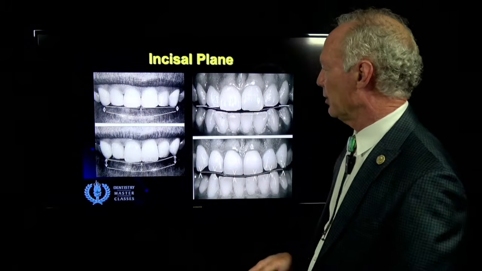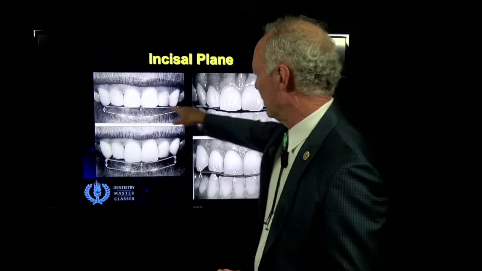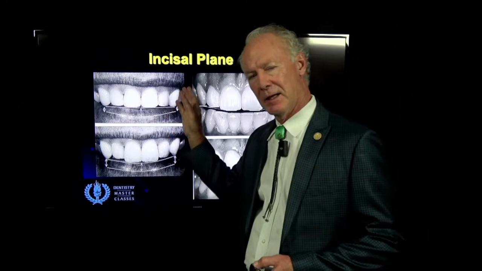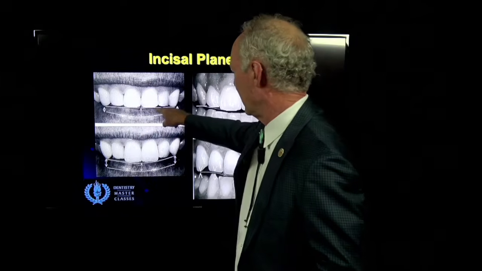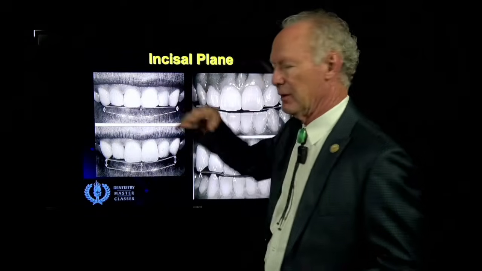The incisal plane should make a U, like a banana or a quarter moon, and that incisal plane should be approximately parallel to the lower lip. The incisal plane of the centrals should be parallel to the pupillary line.